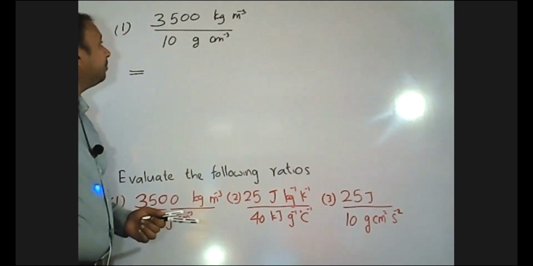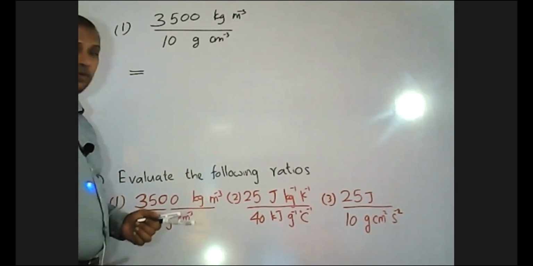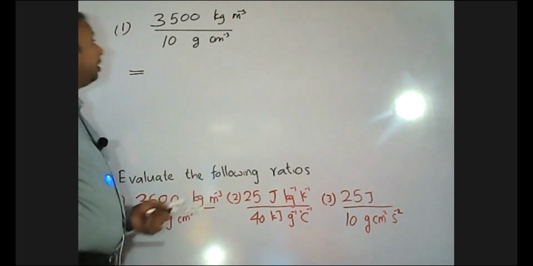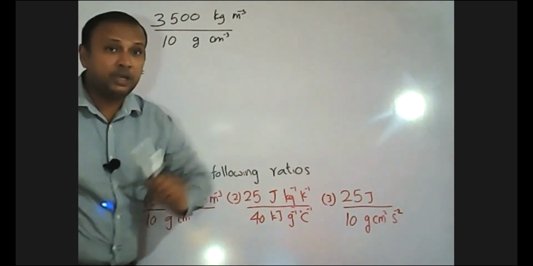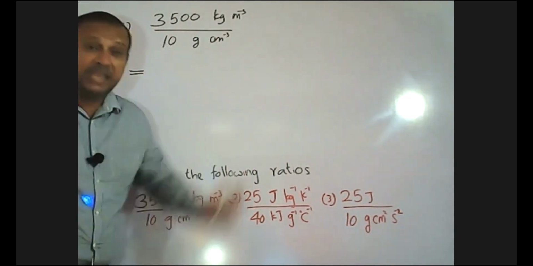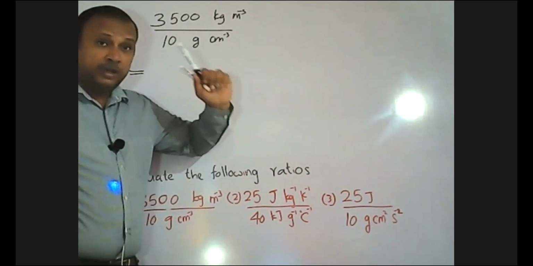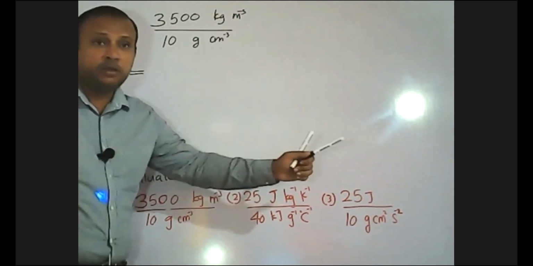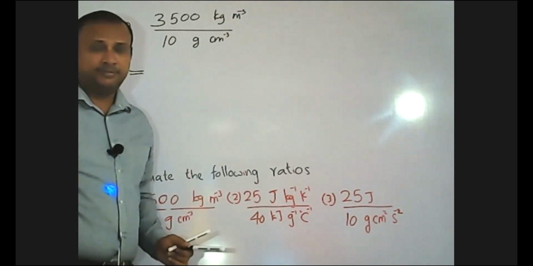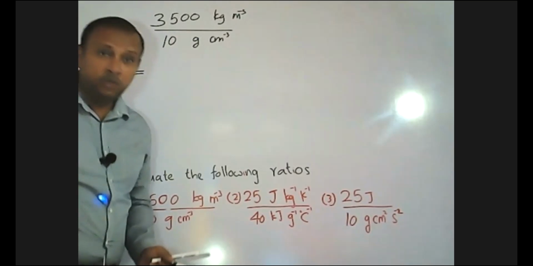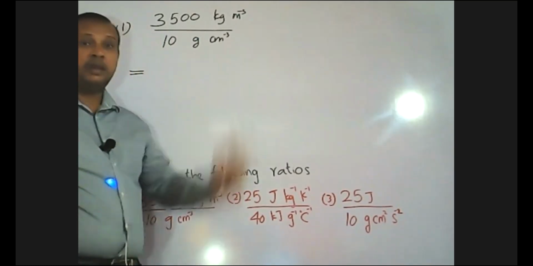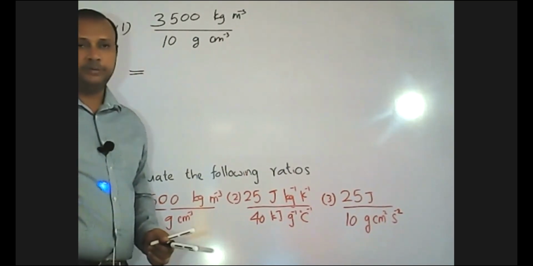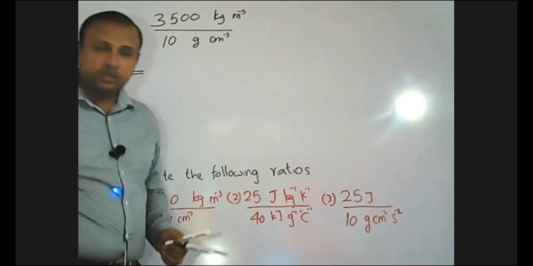In that case, you can use our previous knowledge. What is that? If we are given kilogram per cubic meter, then I have to divide it by 1000 to convert into gram per cubic centimeter. So you can use that one. No need to do unit conversion again and again. If you remember the unit conversion, you can use that ratio.